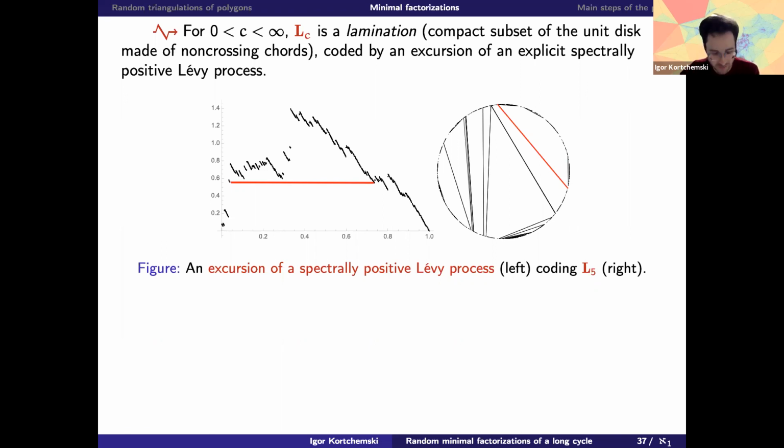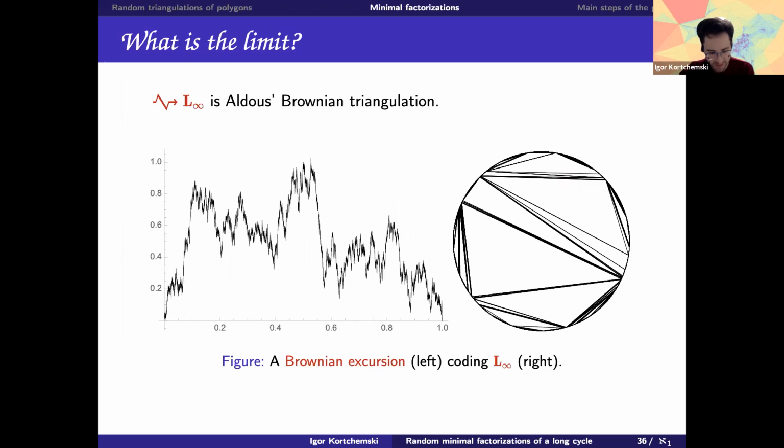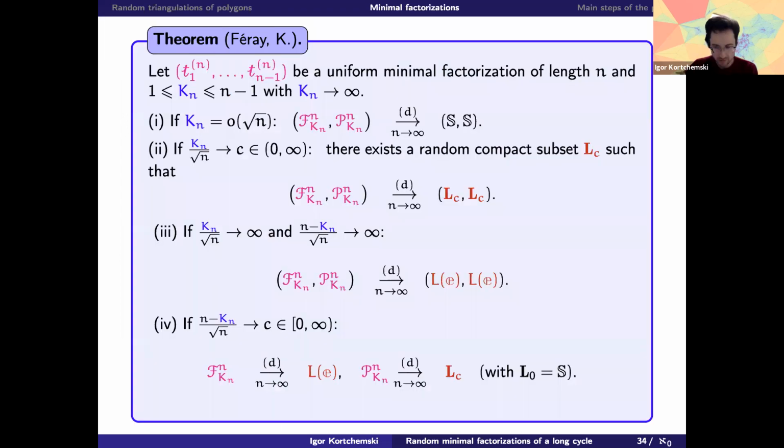Now the interpretation for the constant C. It appears here. It just says that if we read C times the square root n transpositions, we get LC in the limit.